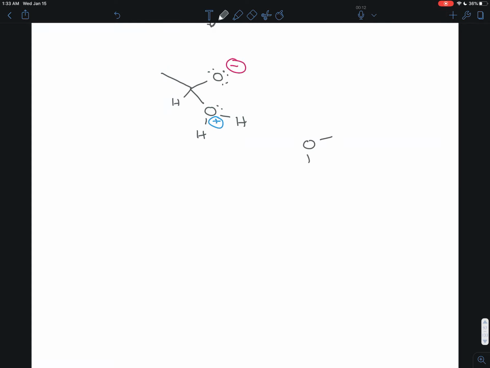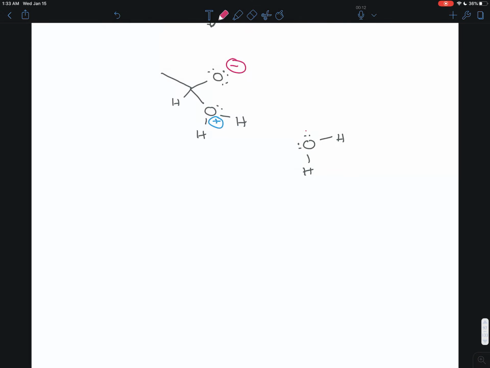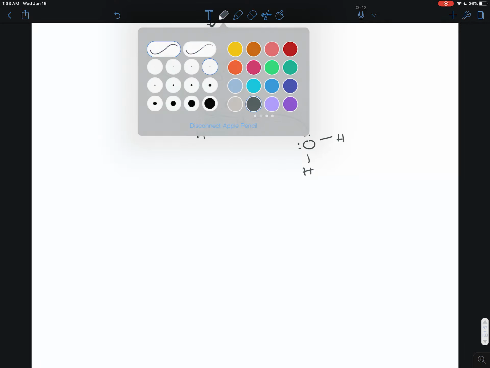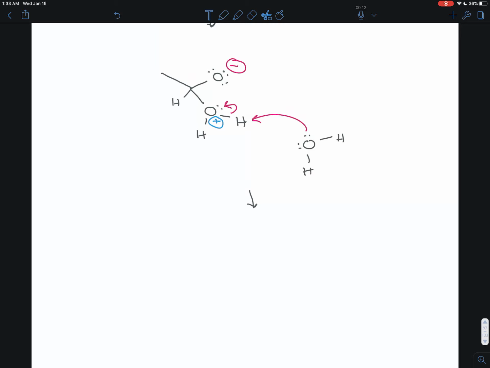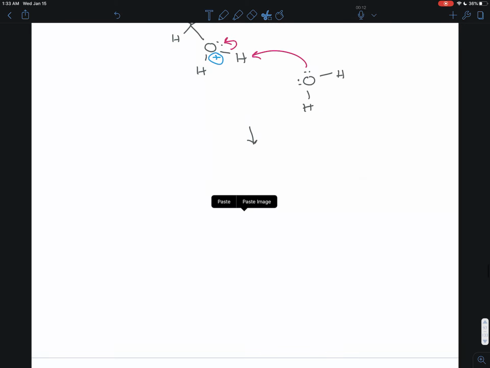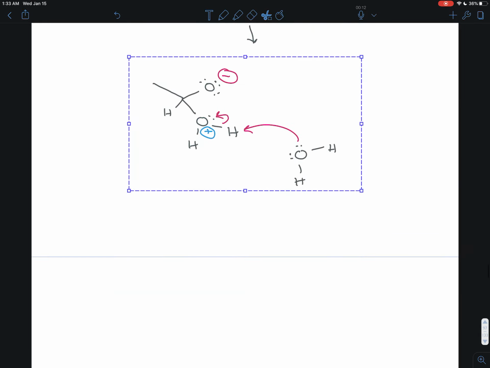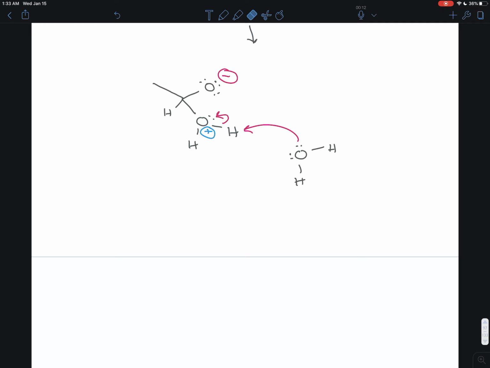So if you have another water here, I'll draw out the proton transfers. I'm just going to do this fast. This can steal one of the hydrogens. The electrons snap back onto that. And then this turns into hydronium.